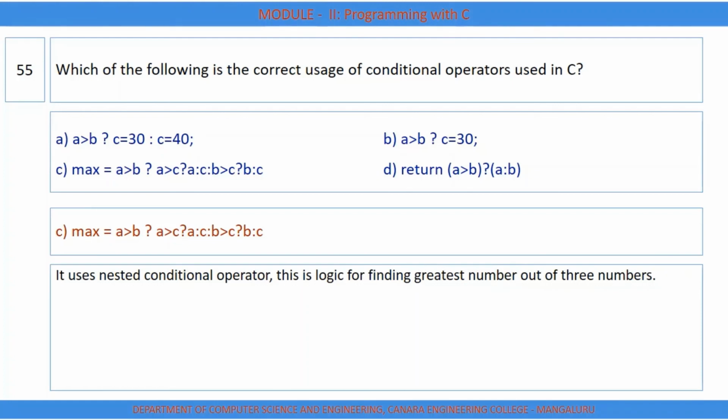Option C, max equal to a greater than b question mark a greater than c question mark a colon c colon b greater than c question mark b colon c. Option D, return a greater than b question mark a colon b. Answer is option C. Option C is a proper way of writing conditional operators to find the greatest number out of three numbers.